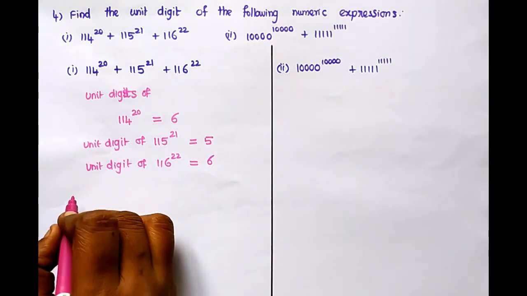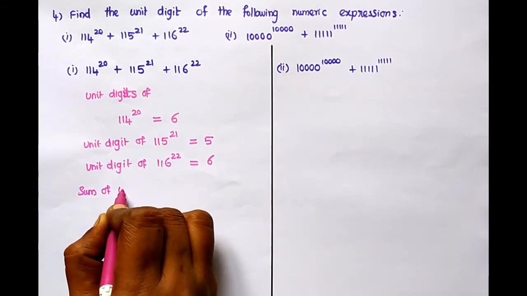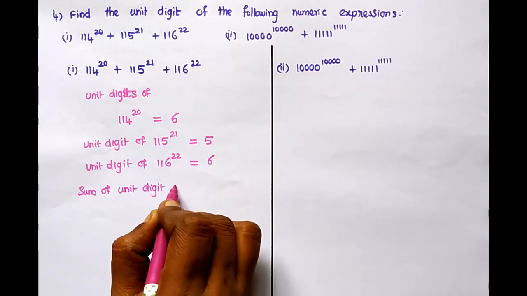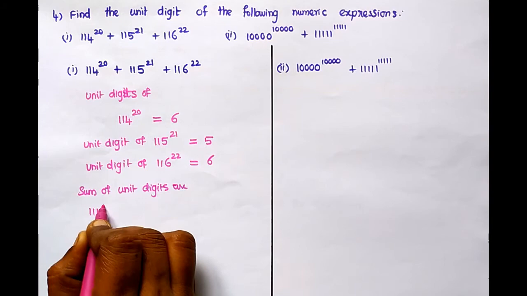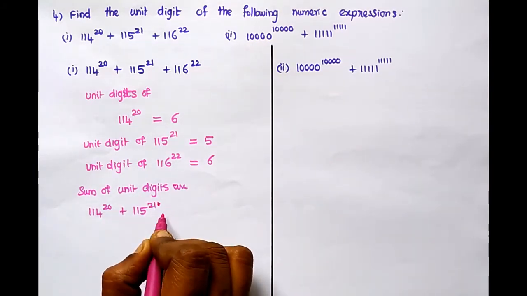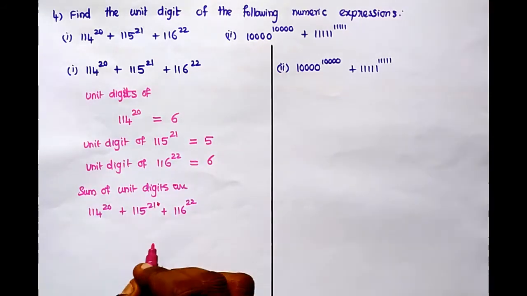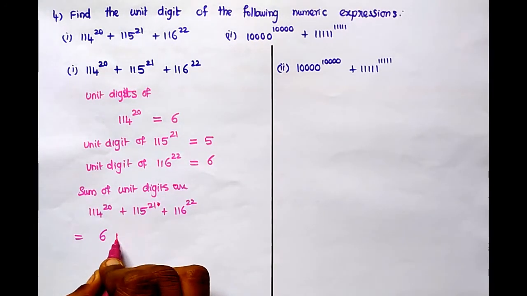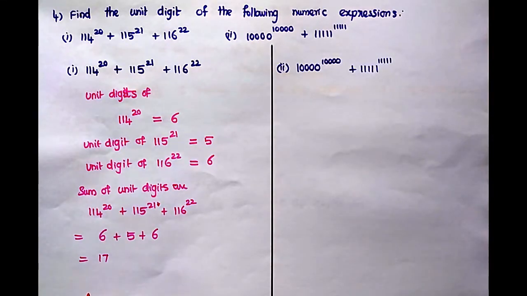So sum of the unit digits, that means 114 power 20 plus 115 power 21 plus 116 power 22 is equal to 6 plus 5 plus 6, 17.